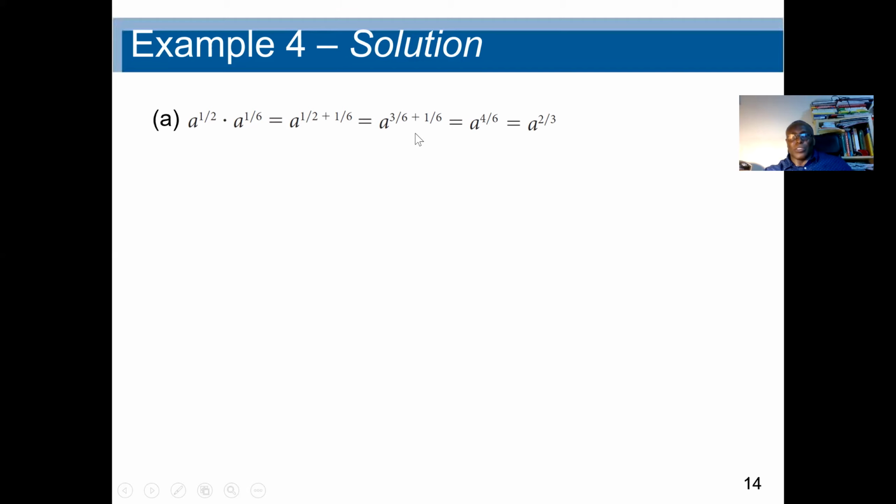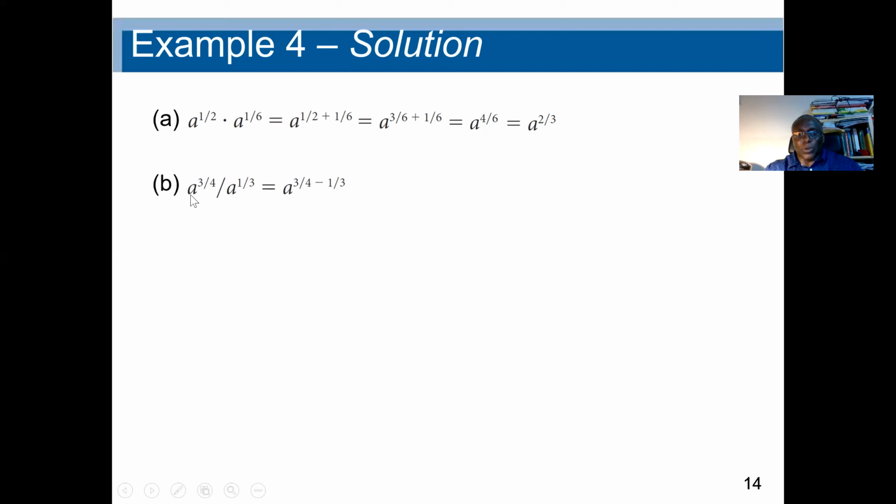The LCM will be 6. 2 can go into 6 is 3. 3 times 1 is 3. So that's why we have 3 over 6. 6 can go into 6 is 1. 1 times 1, so that's why we have 1. Now, since the denominator is the same, we combine the numerators. 3 plus 1 is 4. So we get 4/6. And 2 can go into 4 and 6, and that will give us 2/3.